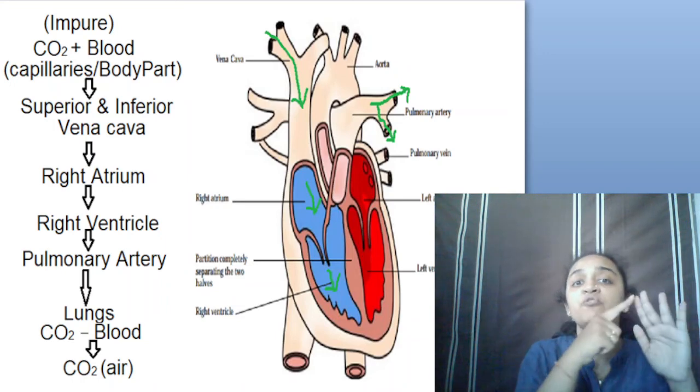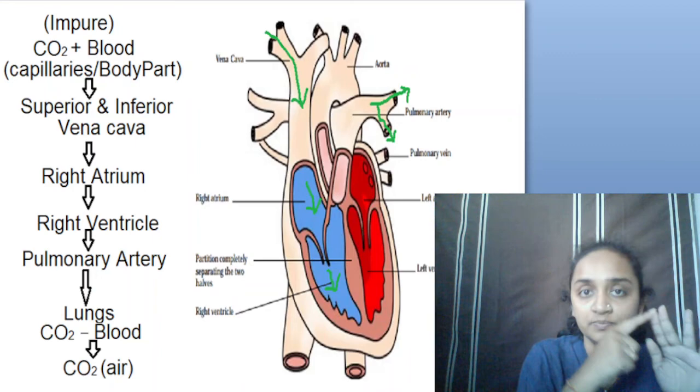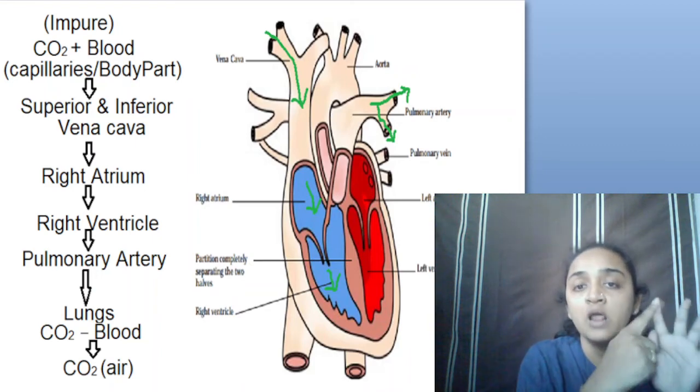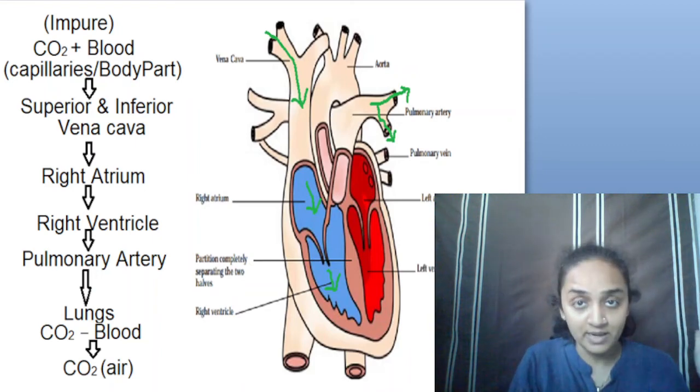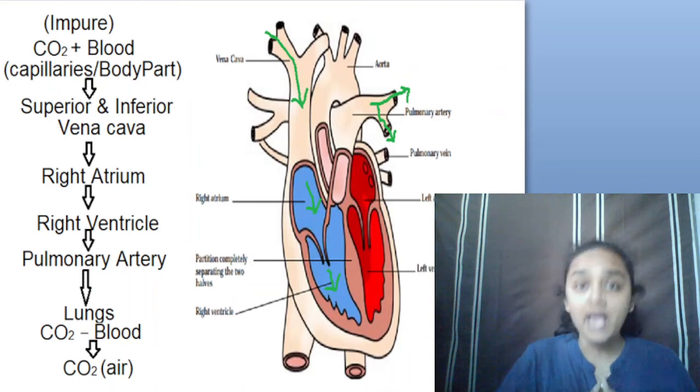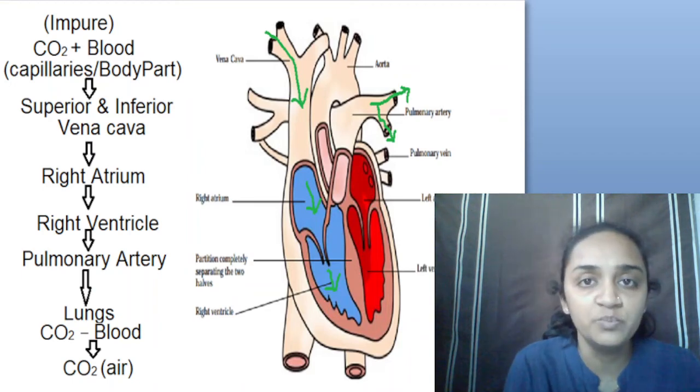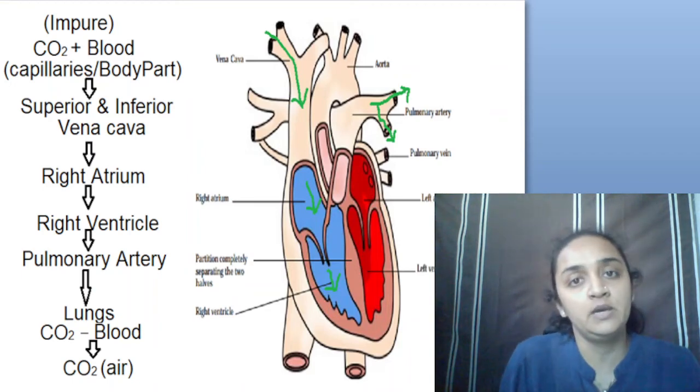It means carbon dioxide goes from our body cell to the heart and then to the lungs, and then it becomes free in the air.